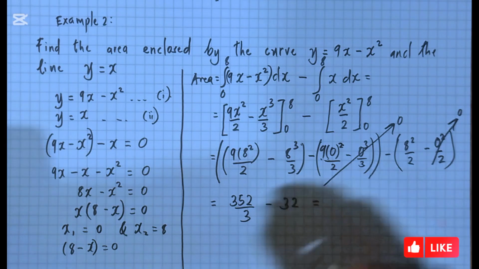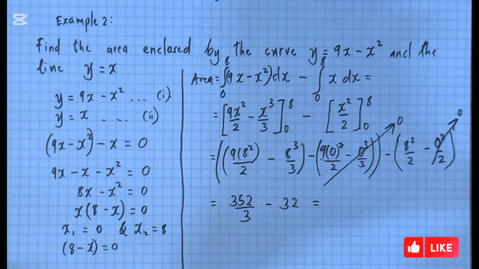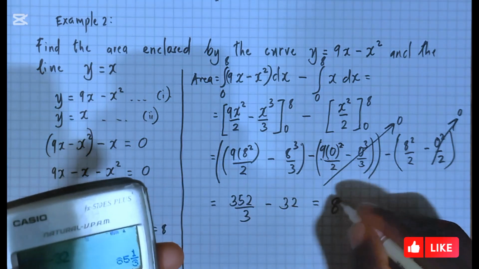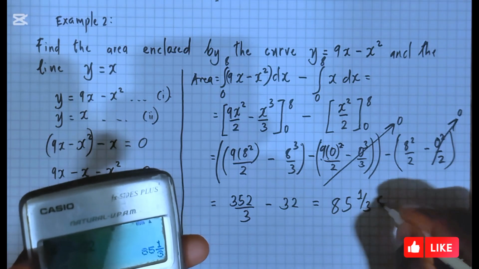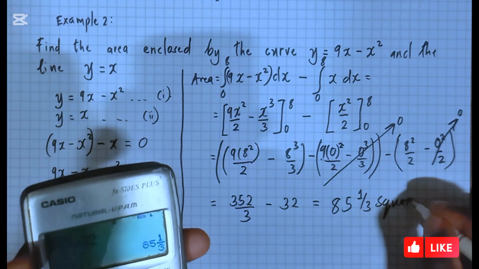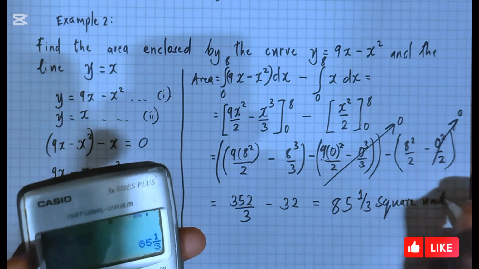So when you do the math here, 352 divided by 3 minus 32. Let me have it as a mixed fraction. You're going to get 85 and a third square units.